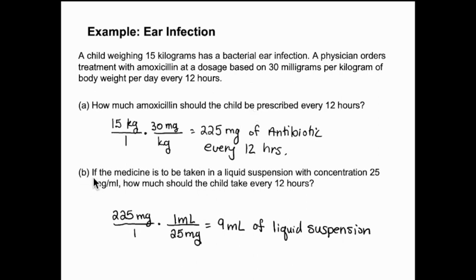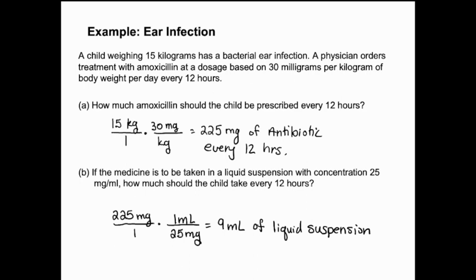For part B, it says, if the medicine is to be taken in a liquid suspension with a concentration of 25 milligrams per milliliter, how much should the child take every 12 hours? So here's a concentration example where we have 2 things being mixed. We have the suspension liquid, and then we have the amount of medication.